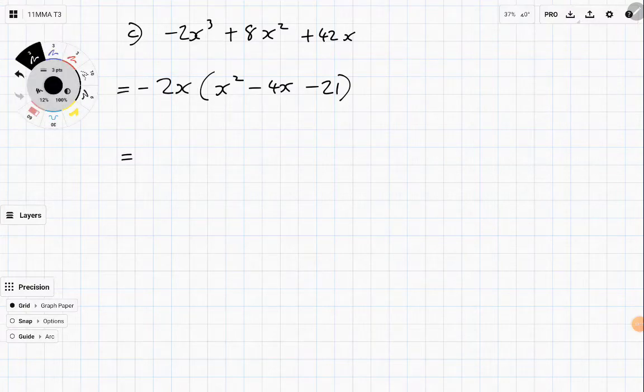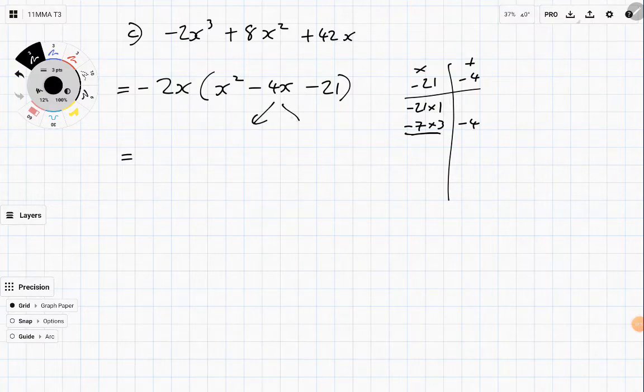Alrighty, so t-chart: multiplies to negative 21, adds to negative 4. So it could be negative 21 and 1, that doesn't work, and the next is going to be 3 and 7, so negative 7 and 3, and that works just perfectly. That adds up to negative 4, so that's the decomposition we're going to go with. So split the middle term: negative 2x, x squared minus 7x plus 3x minus 21.